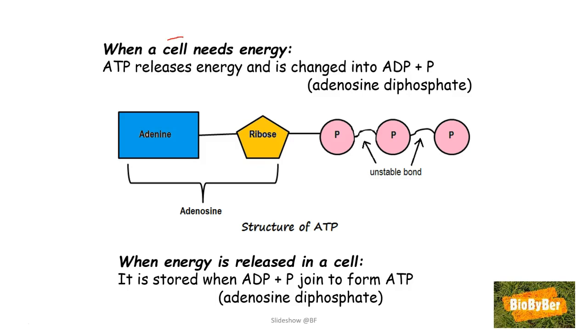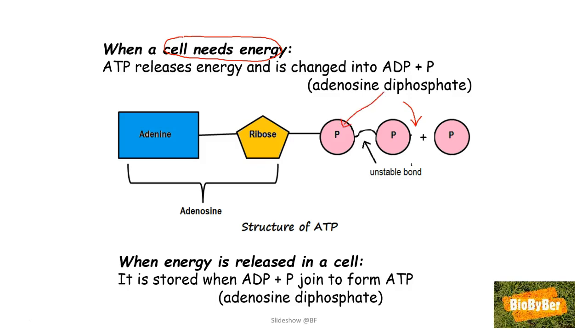Now the next very important point is the interconvertibility of ATP. Now remember, when a cell needs energy, where is it going to get the energy from? Well, ATP will release the energy that's contained in the phosphate bonds. When ATP releases that energy, it will be converted into ADP.